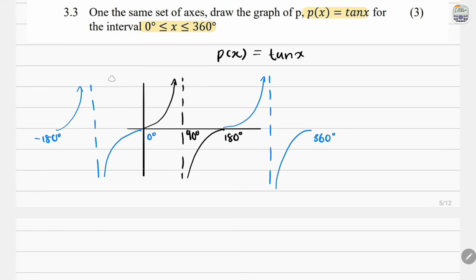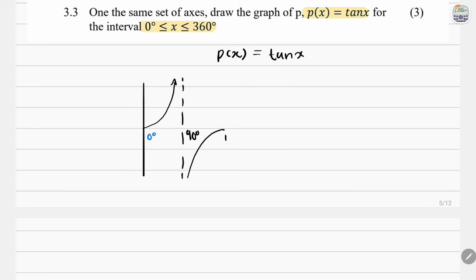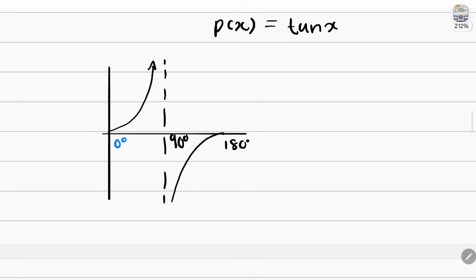Now, because of that, there are just specific values you need to remember that would be important to draw your graph. So with the tan graph, because it repeats itself every 180 degrees, it's better to draw it in intervals of 45 degrees. So at 0 degrees and then 45 degrees, then 90 degrees and then 135 degrees and then 180 degrees.